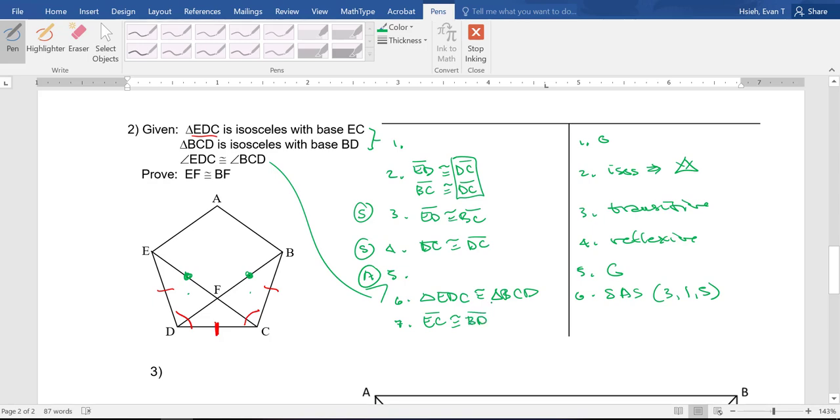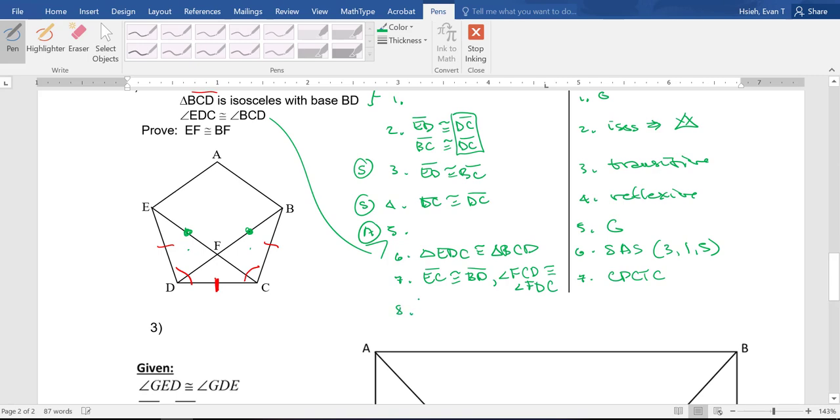I also know that angle FCD is congruent to angle FDC. Okay, those are both CPCTCs that we're going to need for the next part.